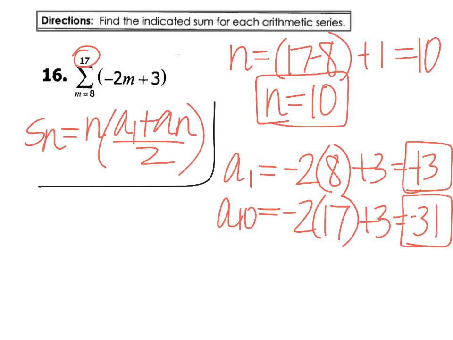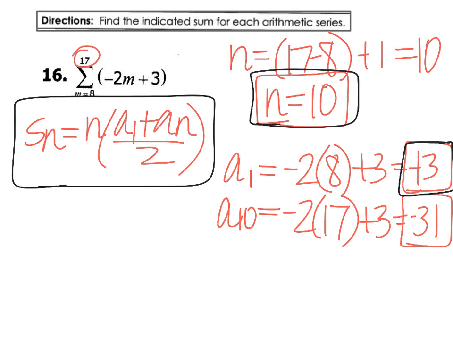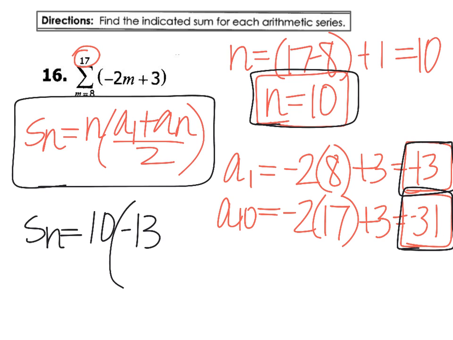So we're plugging in n equals 10, our first term, and our last term. The sum of this series is 10 times first term negative 13, plus last term negative 31, divided by 2.